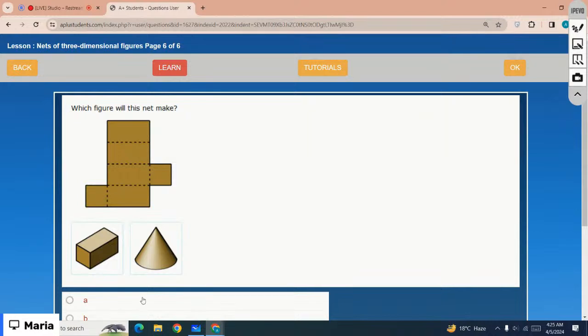The correct option is option number A, right?